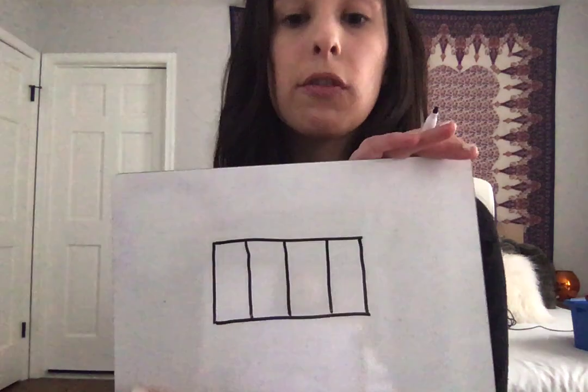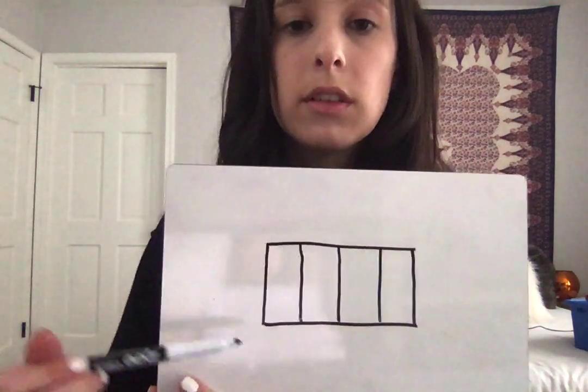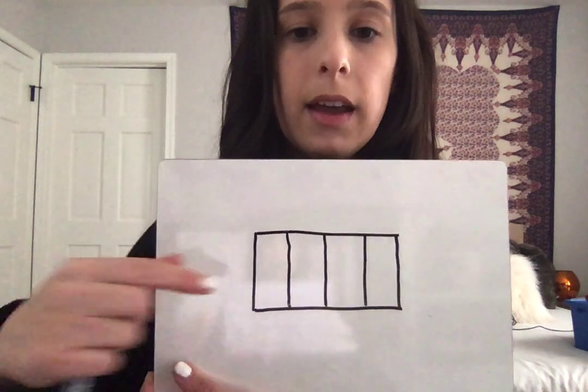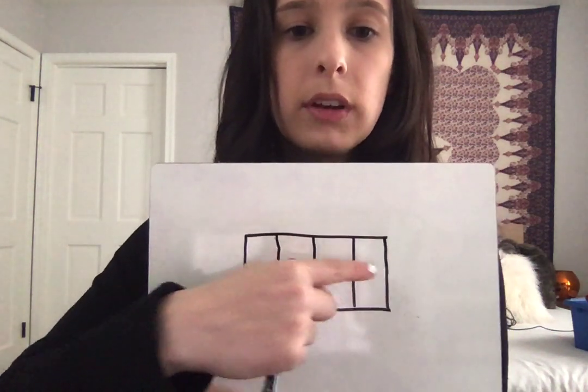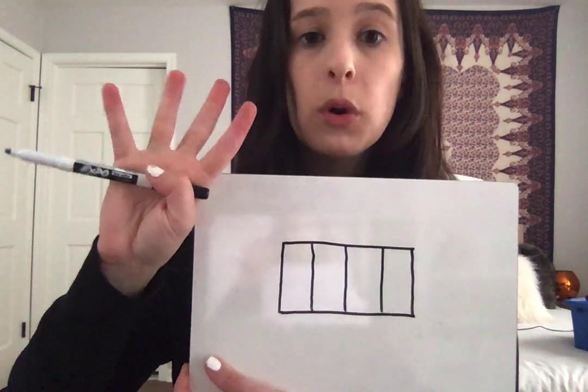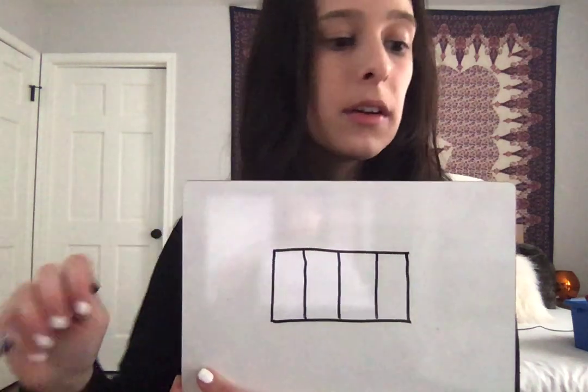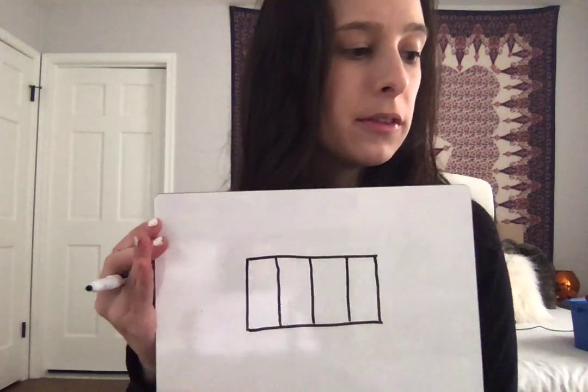So I could draw 4 vertical lines, remember top to bottom, and I get 1, 2, 3, 4 equal parts, or 4 fourths or quarters of the pizza.